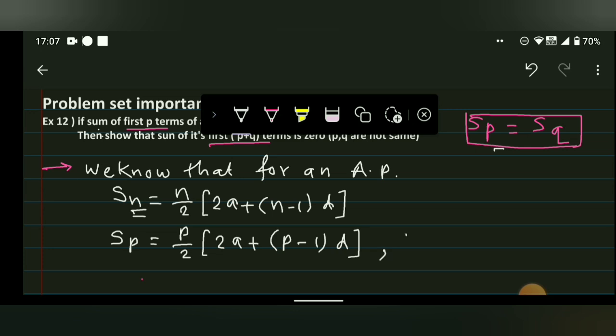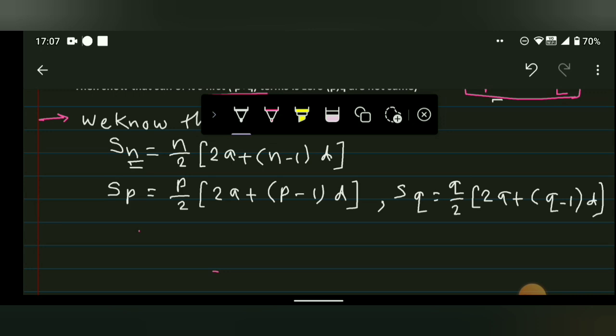Similarly we can have the formula for Sq, which is equal to q divided by 2 into bracket 2a plus (q minus 1) into d, bracket close.